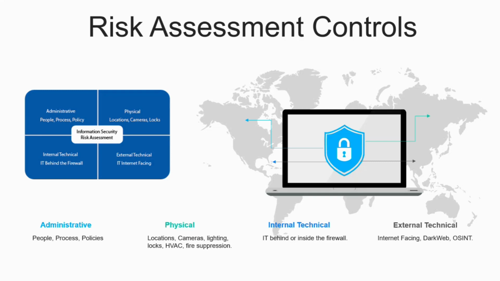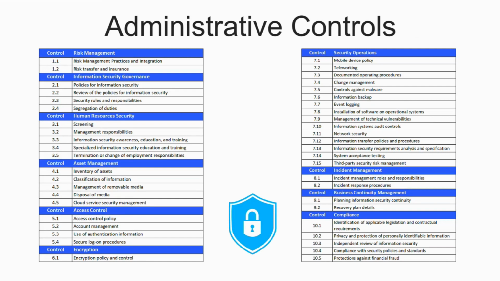So we'll get a little bit deeper into what some of those things are. This is just a quick high-level overview. You can see in the administrative controls, it looks at risk management. Now keep in mind, we provide three levels of risk assessment. If you have never done a risk assessment before and you're just starting off, we always recommend starting at a level 1.